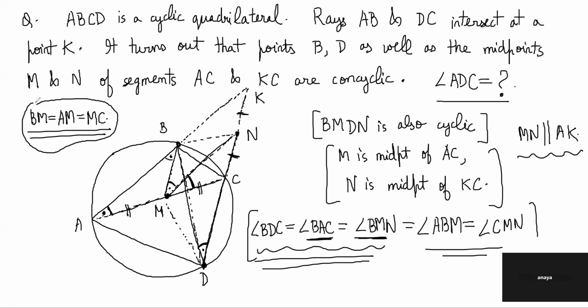Is there something special about point M now? We can say that it's the center. Center of what? The circle. How do you know that? Because it's equidistant from those 3 points, which makes it a center. M is the circumcenter.